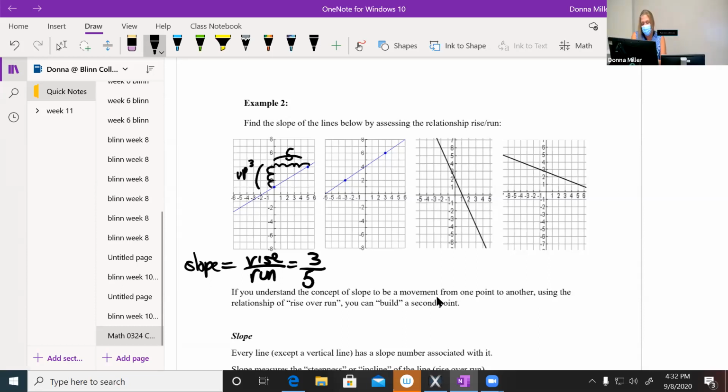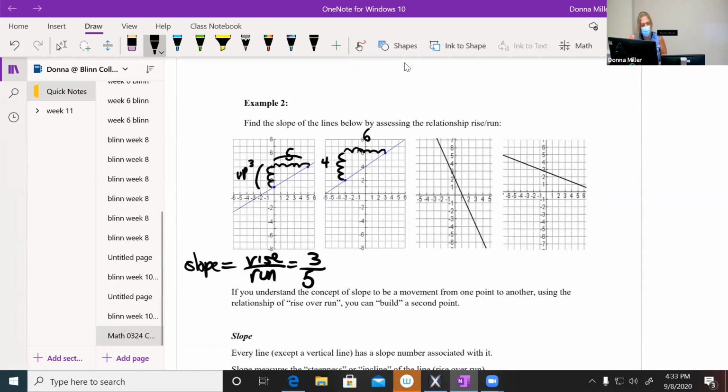All right. So this next one, I'm just going to count. I'm going up 1, 2, 3, 4. I'm going up 4 and over, let's see, 1, 2, 3, 4, 5, 6.